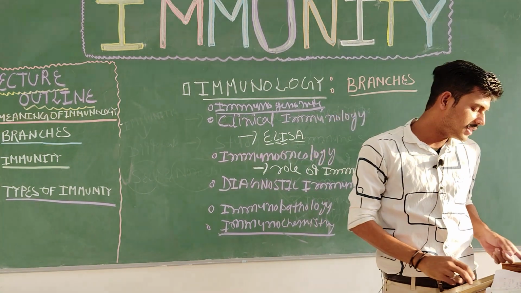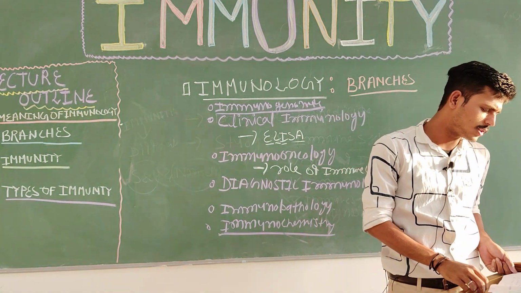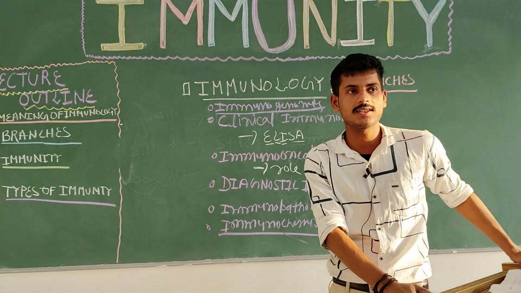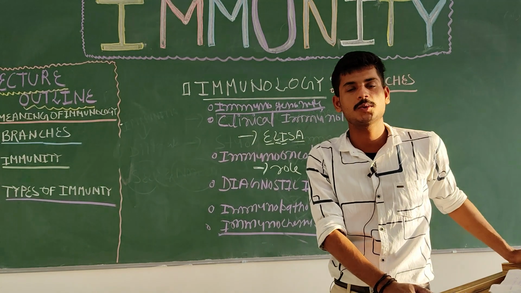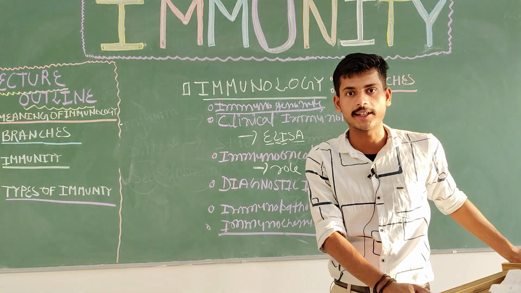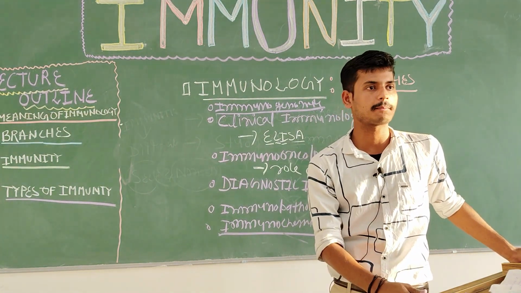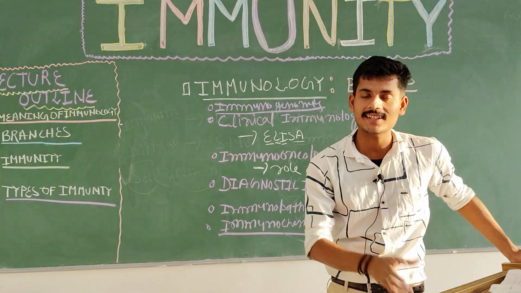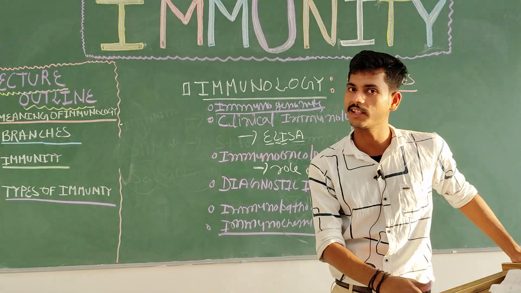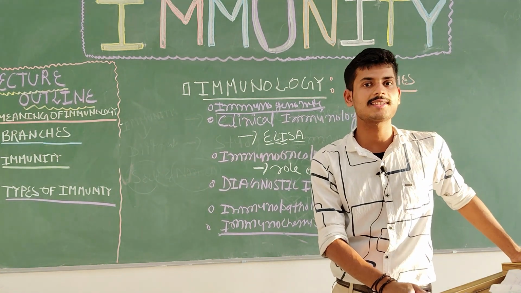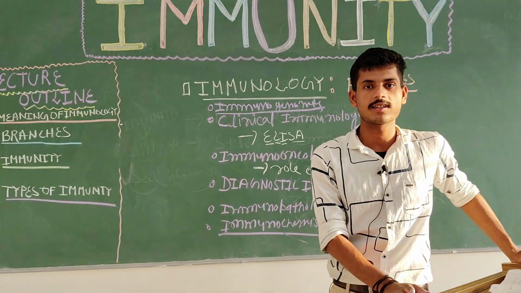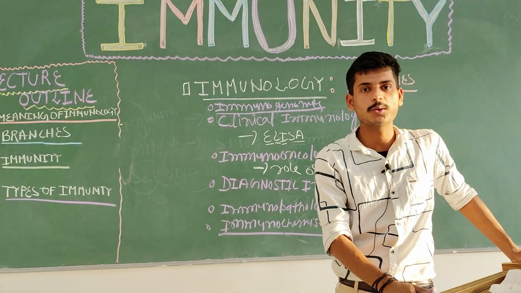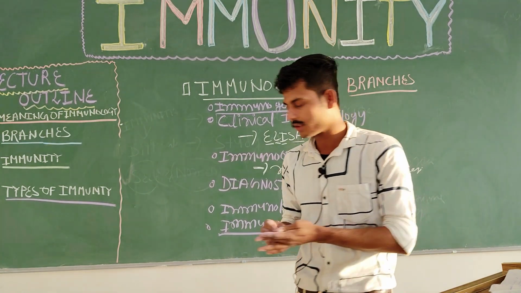Apart from these branches, we have immunotoxicology and psychoneuroimmunology. In psychoneuroimmunology, you have probably heard of diseases like schizophrenia, Parkinson's disease, and Alzheimer's. In all these, there are changes in the chemistry of immune cells, and these are studied in a separate branch of immunology called psychoneuroimmunology.